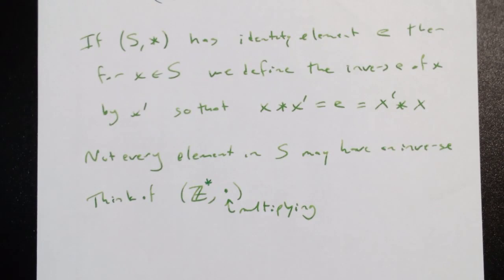If I picked 1, 1 times 1 gives me 1. There's one other number where it works. Zero's not in the set. There is one other number where I know I can multiply and still get 1. And I'm being really sneaky here. -1. Because -1 times -1 gives me 1.